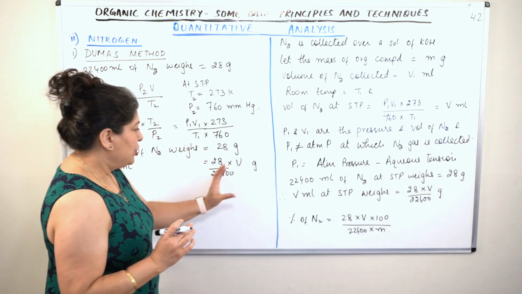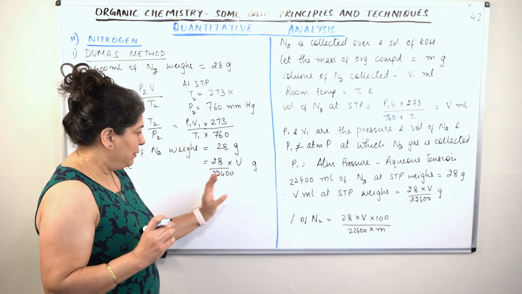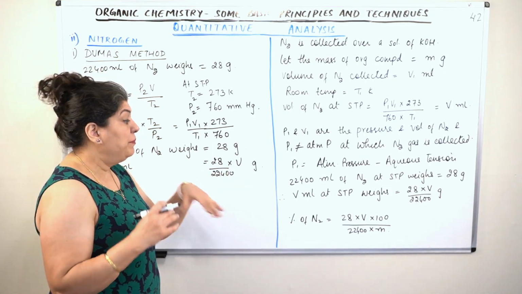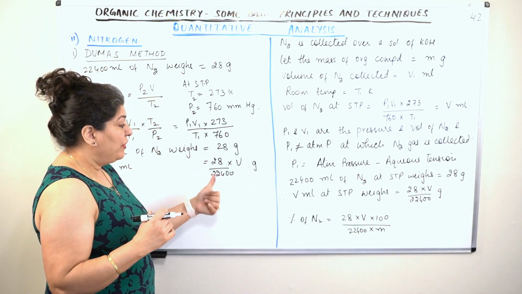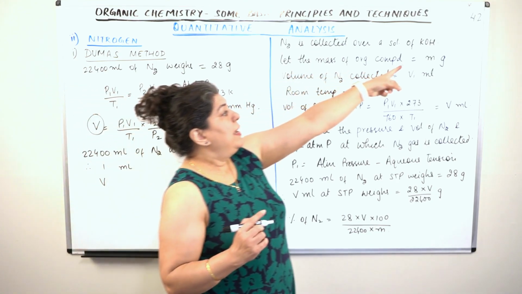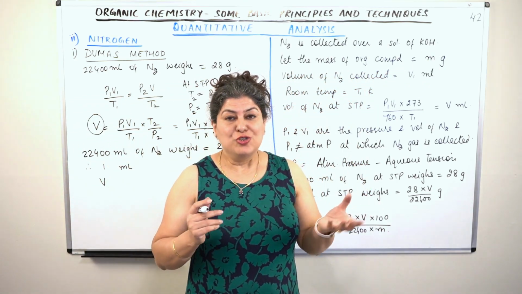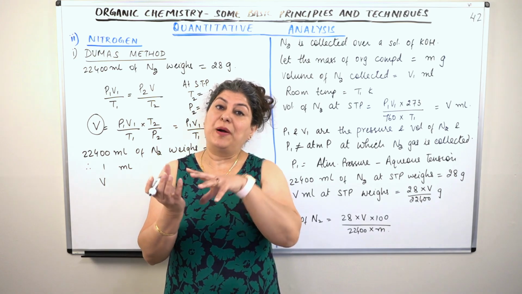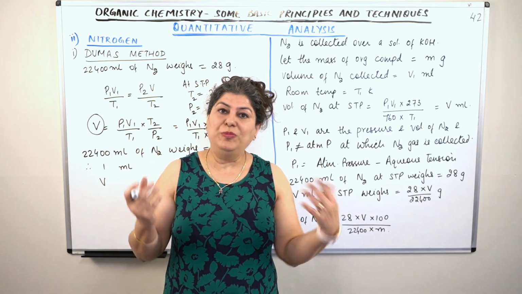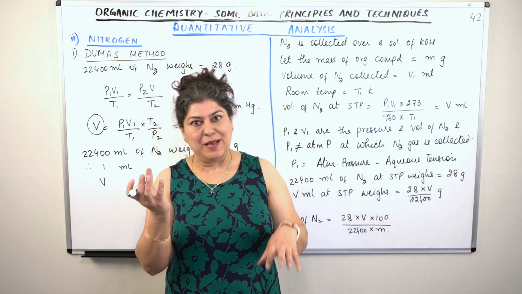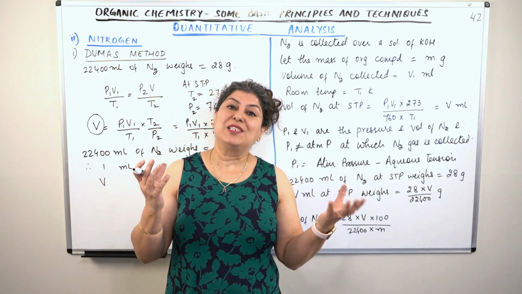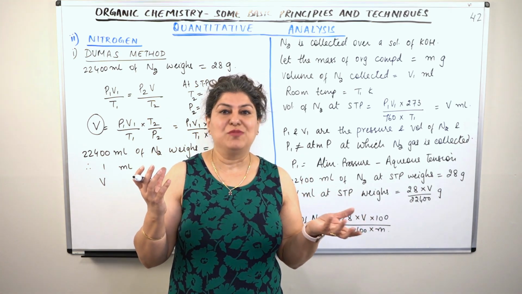This is the mass of the nitrogen that has been prepared, but we know that it was prepared by reacting m grams of the compound. So now we know m grams of the compound had this much nitrogen. From that we will calculate the mass percentage: in 100 grams, how much would it be?